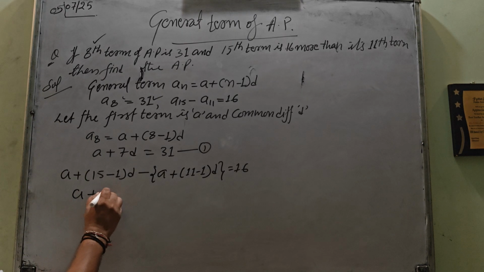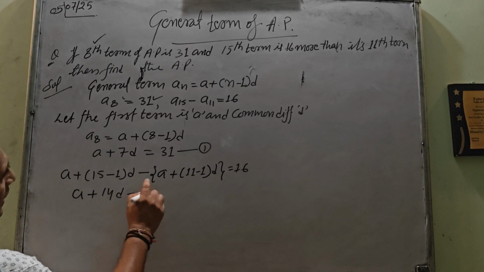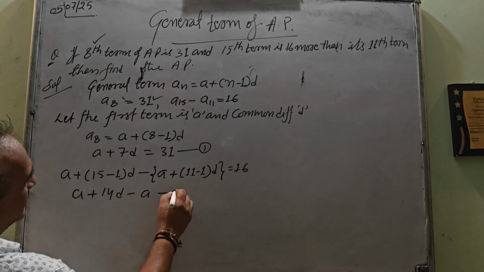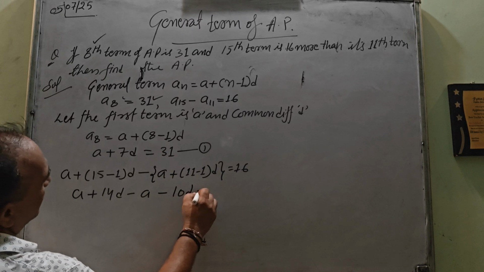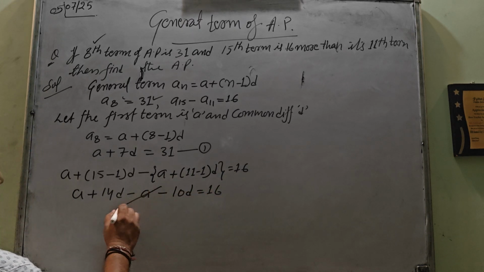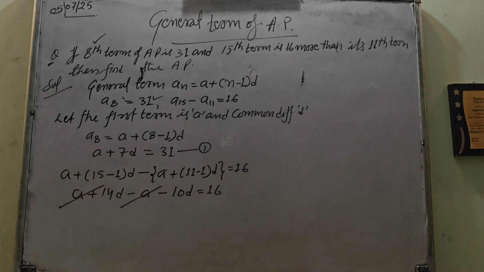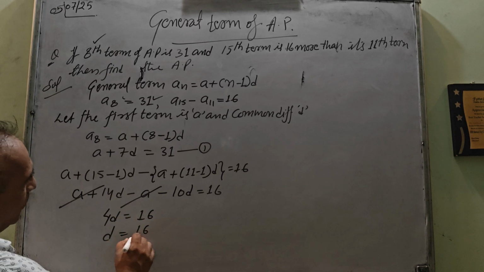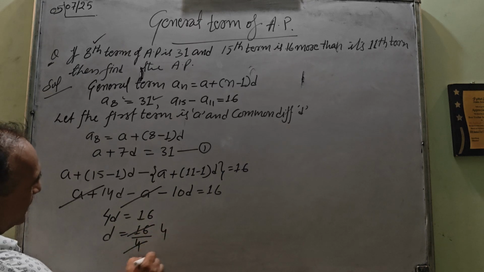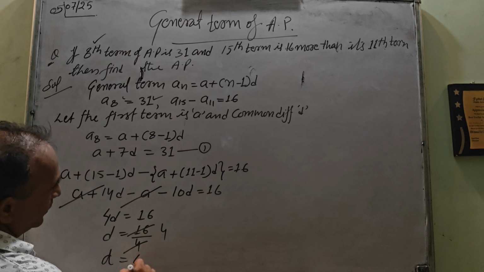A plus 14D minus A plus 10D is equal to 16. A cancels A. 14D minus 10D, 4D is equal to 16, and D is equal to 16 upon 4. 4 fours are 16, D is equal to 4.